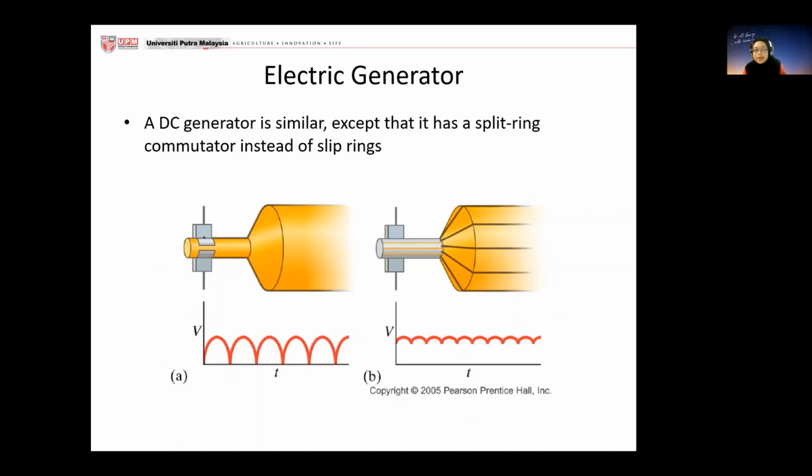Because it has the gap here, as it turns, the current is technically produced in the opposite direction.